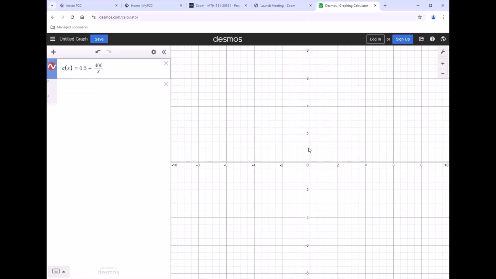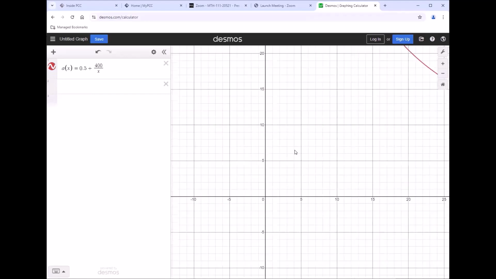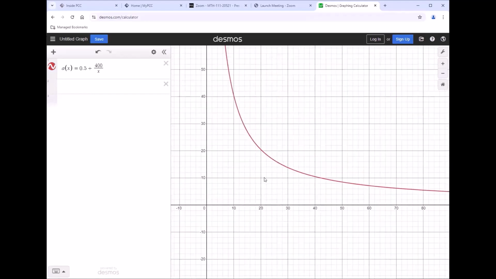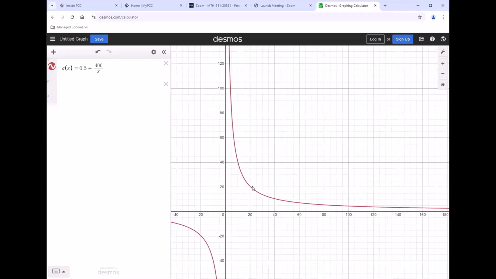Now this should have graphed, but you see nothing. So I'm going to zoom out a little bit, and now we start seeing the graph a little better. Of course, the average cost doesn't allow you to enter a 0. But you can see that as you increase the number of candles, the cost goes down.